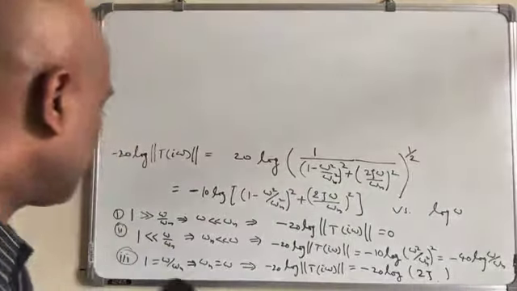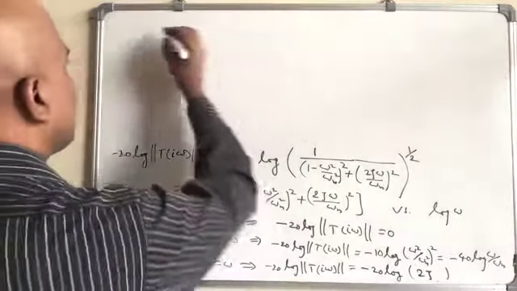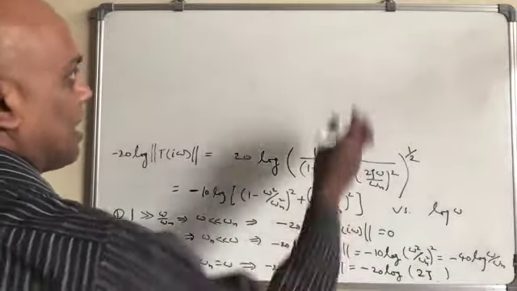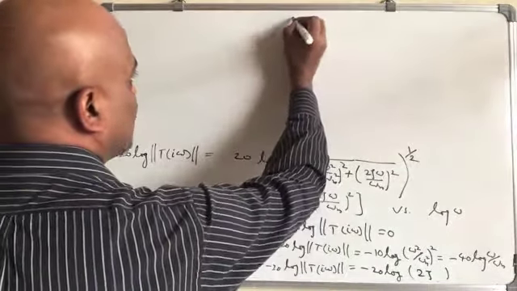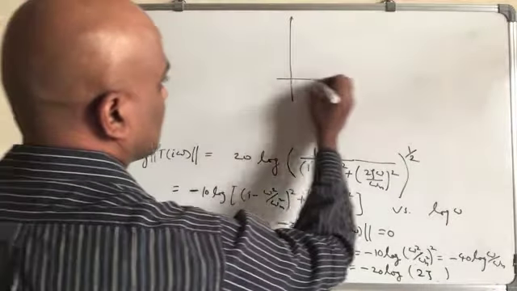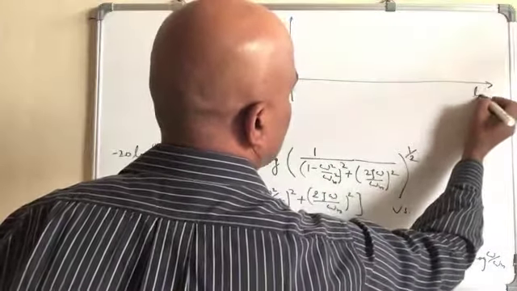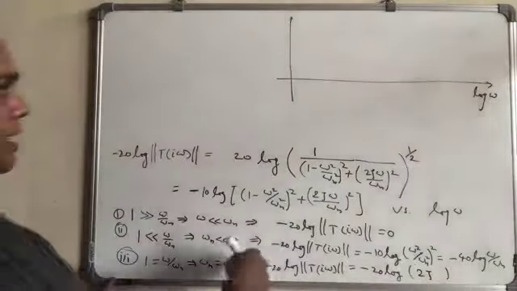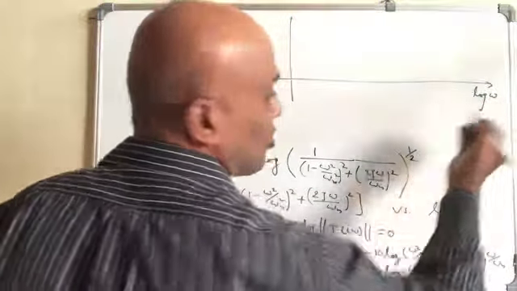Now let us plot it. So how will it look? We are going to plot this one, and we start like this. This is going log omega; we can write in terms of log omega over omega n also.